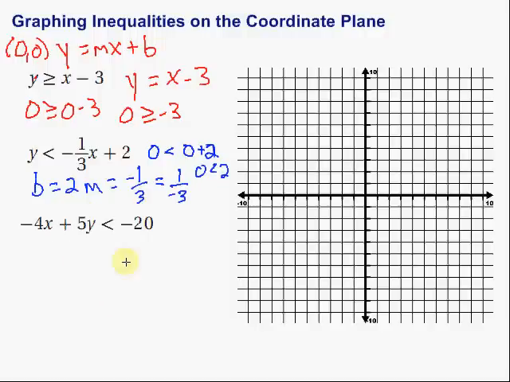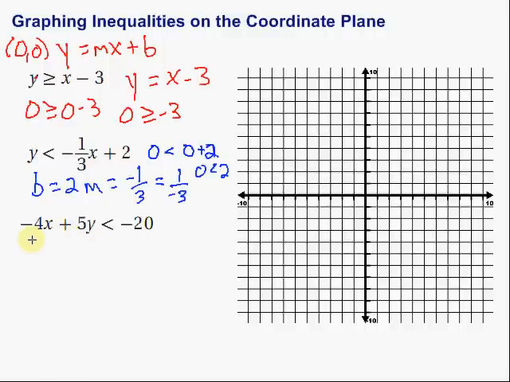So in this last example, it's not in solve for y form, so I can't easily pick out the slope and the y-intercept, but I can find those intercepts. And remember, we find intercepts by putting in 0 for the opposite of the intercept we're looking for. So if I'm looking for the y-intercept, I'll put in 0 for x. If I'm looking for the x-intercept, I'm going to put in 0 for y.